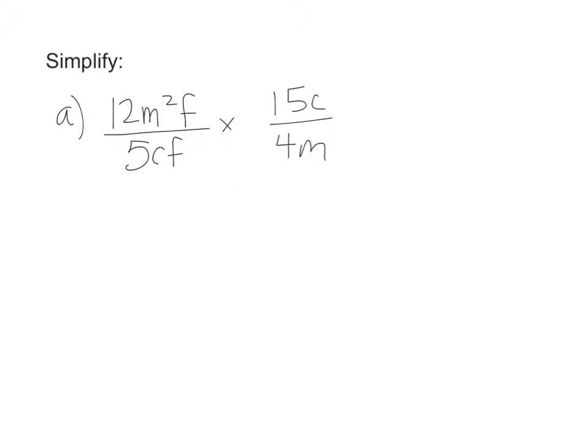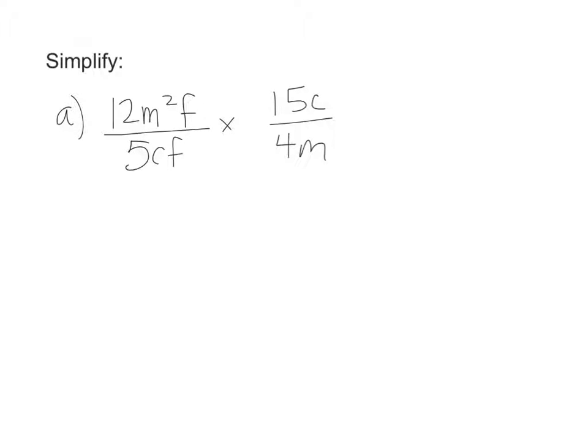A rational expression is like this, where it's a fraction, but it has variables in there. So this one is 12m squared f over 5cf times 15c over 4m. We need to look for a common factor in the numerator with one factor in the denominator. So I might start with the 12 and 4.